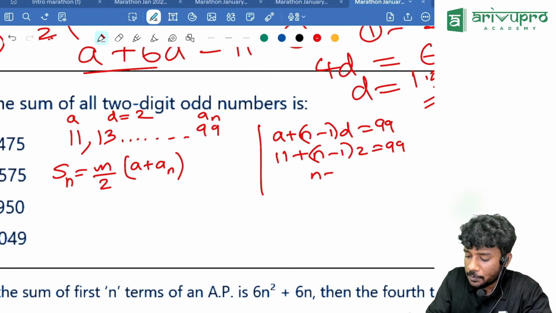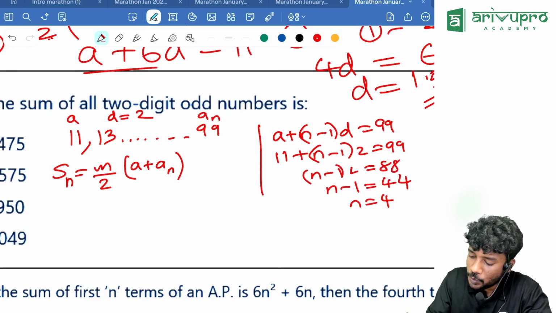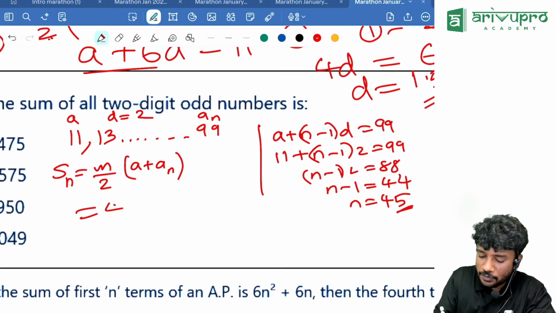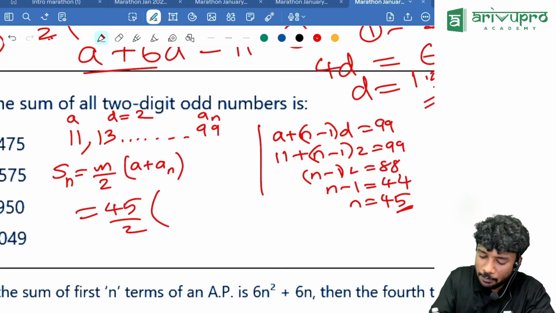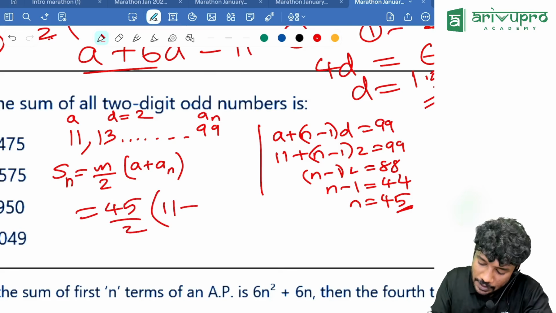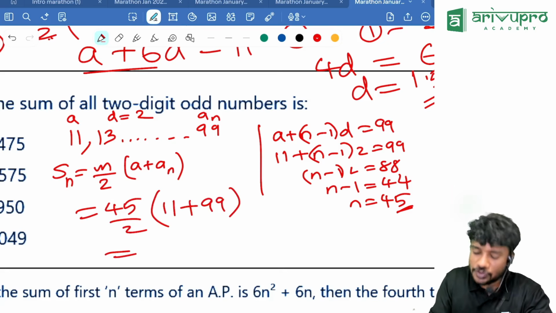From that, n minus 1 into 2 is equal to 88. n minus 1 is equal to 44, so n is equal to 45. Just substitute here: 45 by 2 into a plus an, that is 11 plus 99. How much is your answer, people?